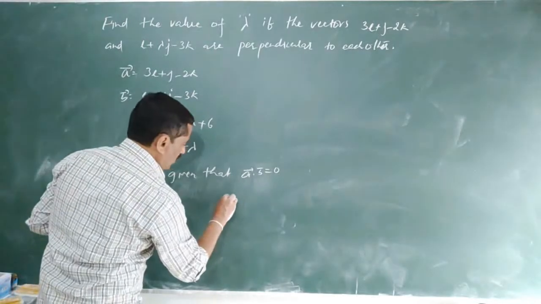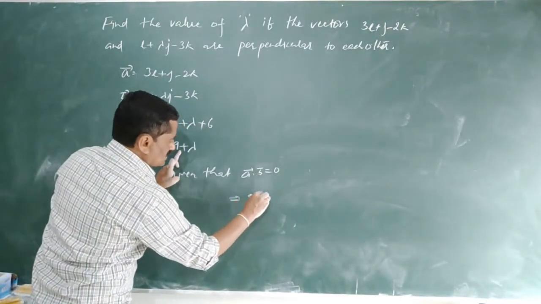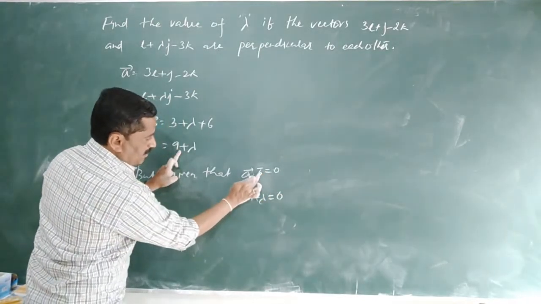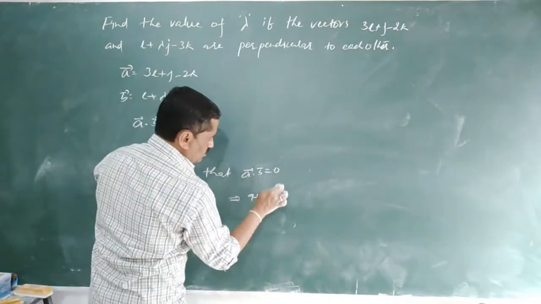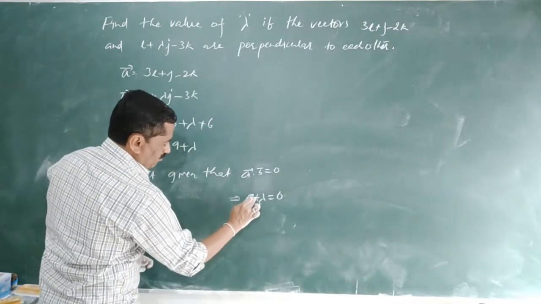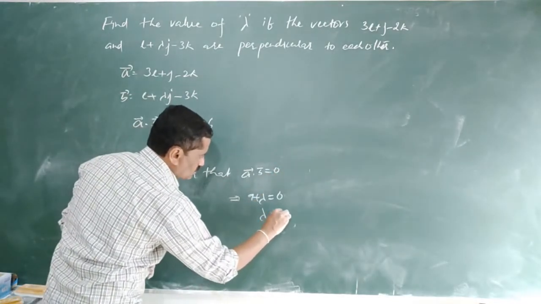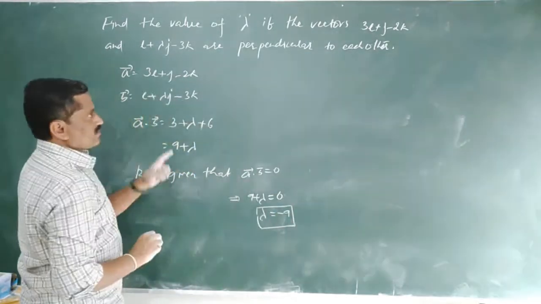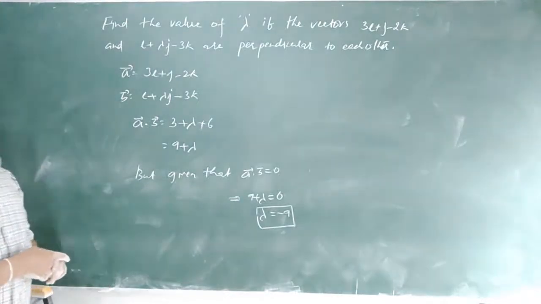Therefore, a bar dot b bar is 9 plus lambda, which is equal to 0. So bring this 9 to the RHS, therefore lambda is equal to minus 9. Remember, by using the condition, find the value of lambda.